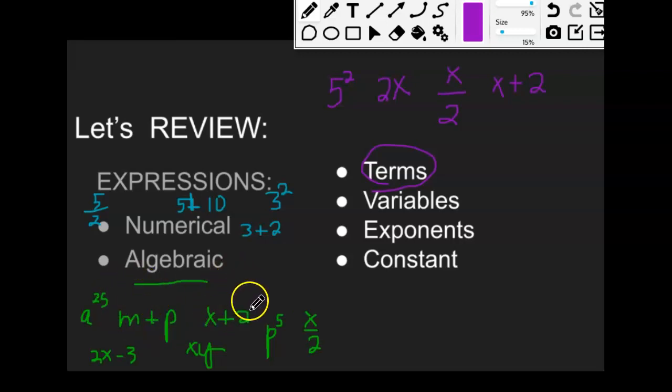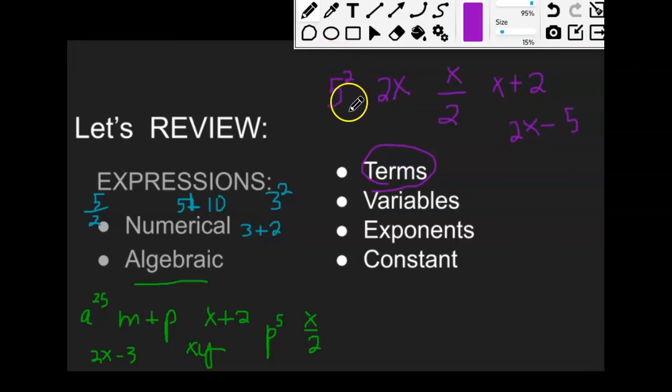So x plus 2 is an expression with two terms. xy is an expression with one term. If you have, for example, 2x minus 5, this is an expression with two terms, 2x and 5.